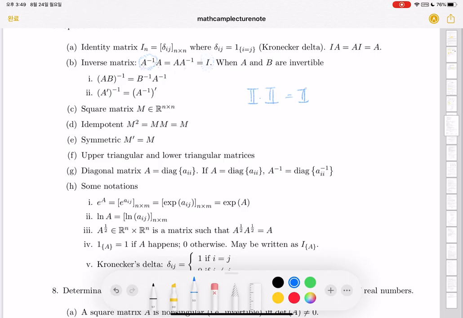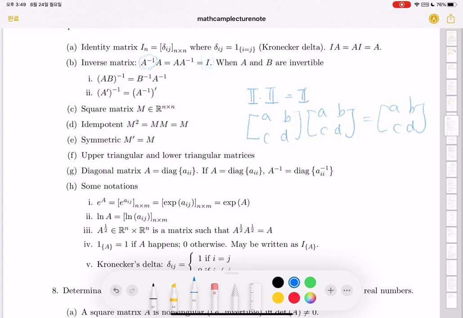So find an idempotent matrix, 2 by 2 dimensional, with elements A, B, C, D, such that this holds. Okay, so it's a practice problem.